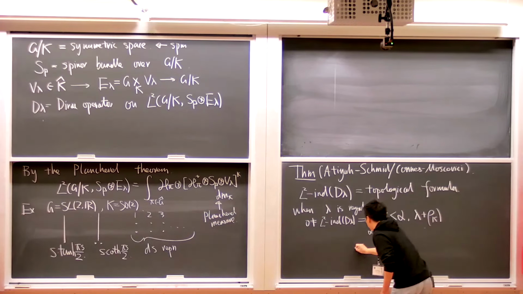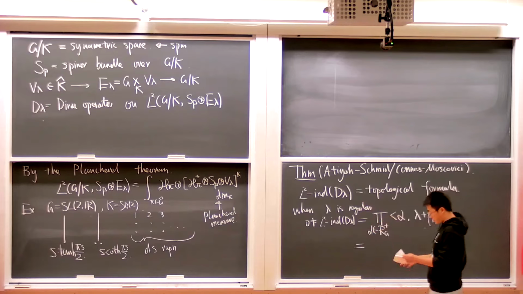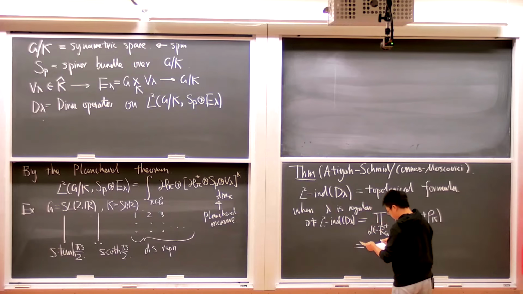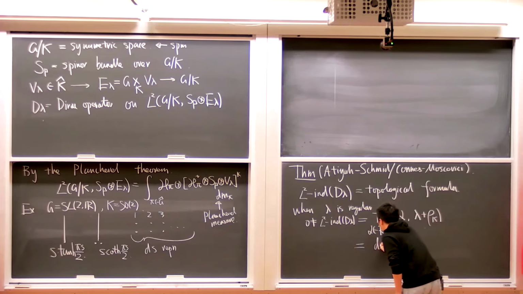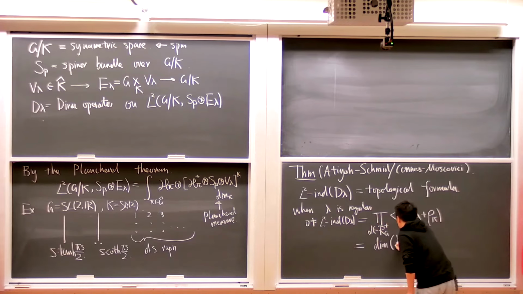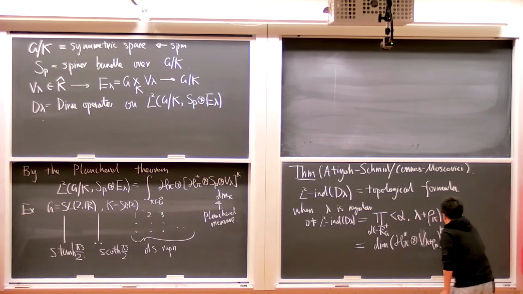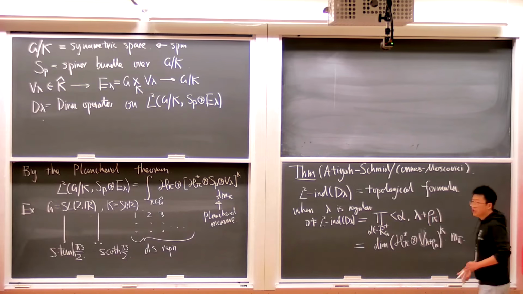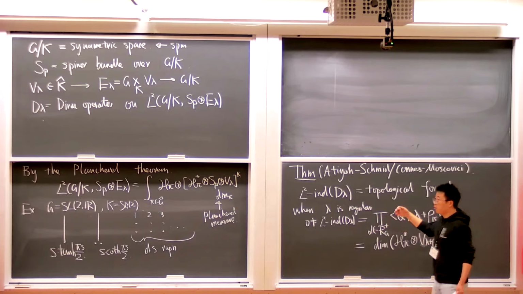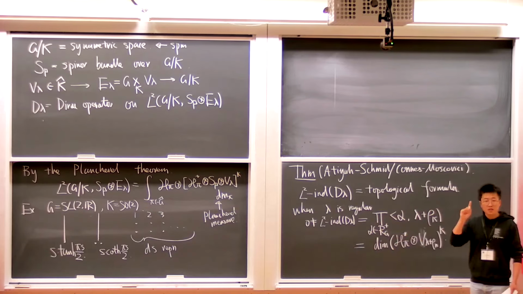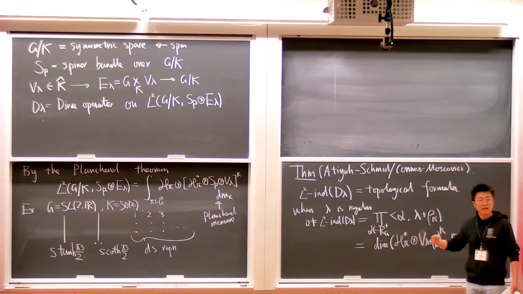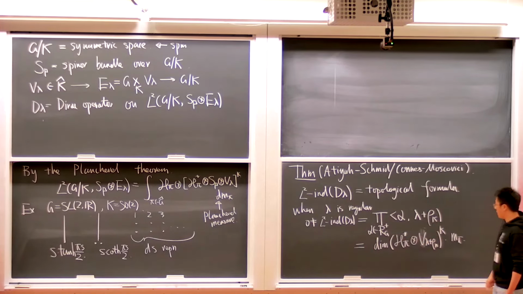This in fact equals the dimension of this part, the star tensor V of lambda plus rho n, which I will explain, times mu pi. So what they showed is that if lambda is regular, there is only one discrete series representation that will contribute to the index, actually contribute to the kernel of this Dirac operator.